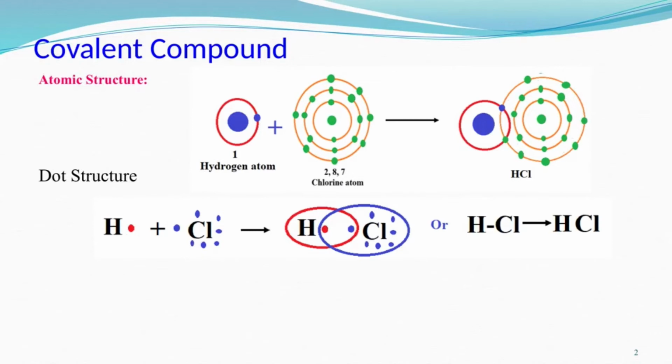In the dot structure, H has 1 dot, meaning 1 electron in the outermost shell, and chlorine has 7 dots, meaning 7 electrons, and they share 1 electron with each other. You can write the same thing as H dash Cl, and HCl is formed.